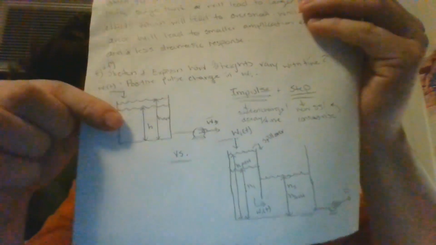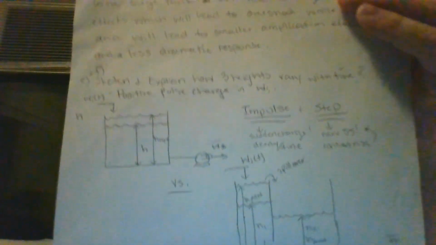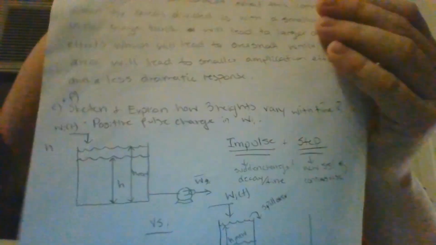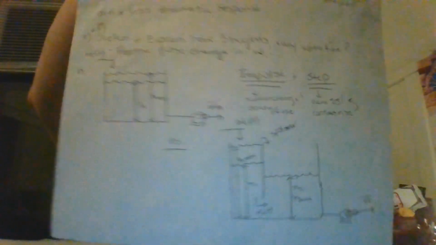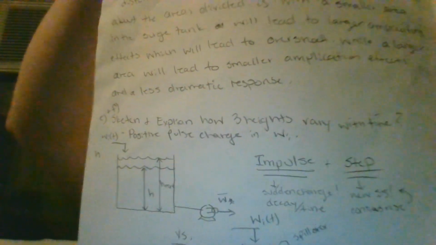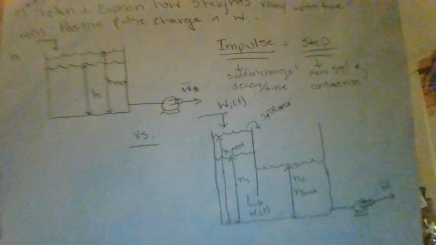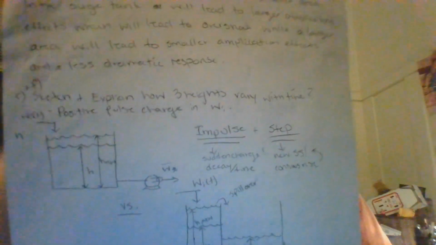So for the first height, which is a single tank, an impulse would cause a sudden rise in the height of the tank, but over time the pump, since operating at the same conditions, would then lower the height level, and there would be a slow decay of the impulse change or the height change from the large influx of fluid, which is then taken out by the pump over time. But notably, it would be decaying over time and slowly go back to an equilibrium.